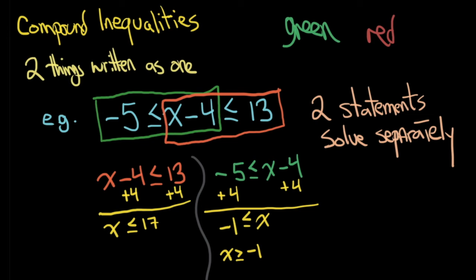Okay, now we need to graph it. We need to graph them both on the same graph. So I'm going to do my graph. Now this is always a little bit trickier. I need to have both of these numbers represented. So where is 17? I'm going to put 17 here. And I'm going to put negative 1 over here. I am going to put numbers on either side of those.